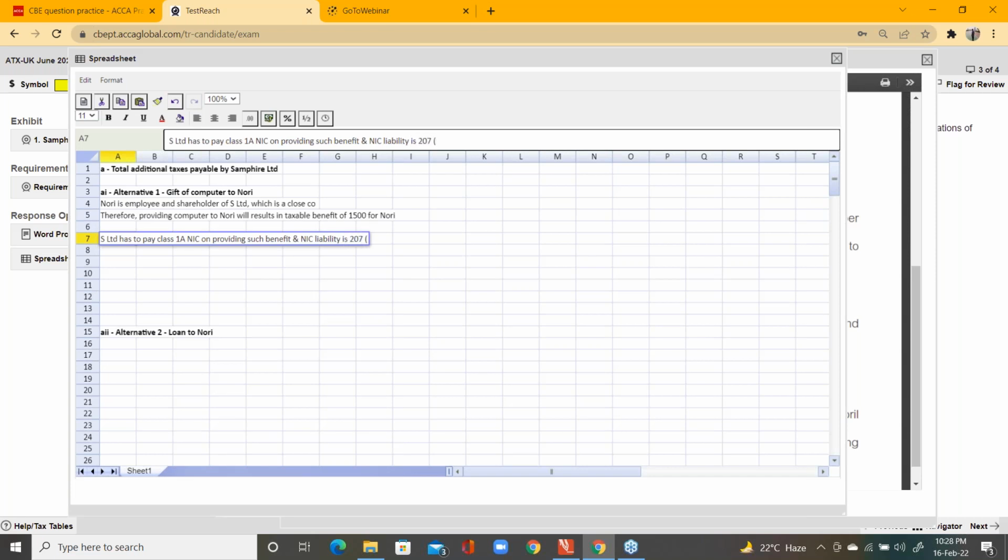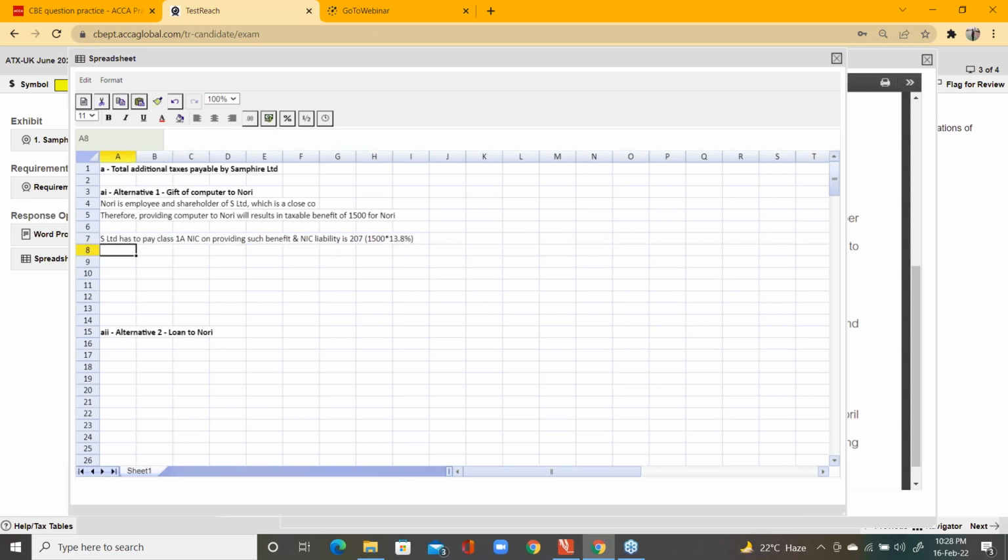How did we calculate 207? The value of the asset provided multiplied by the class 1A NIC percentage on the net taxable benefit. The employer always pays NIC at 13.8%. So 1500 times 13.8% gives rise to a class 1A NIC liability of 207.